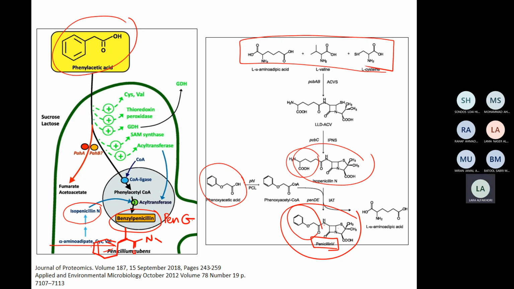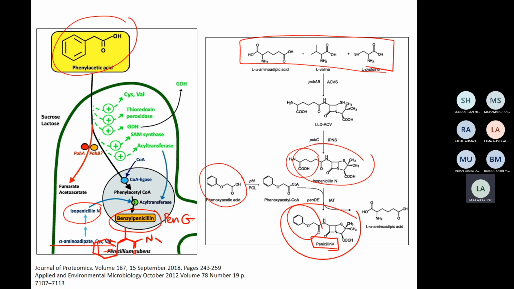And when they found out, they started changing the acetic acid derivatives that could be added to the media so that other derivatives of natural penicillins would come out. We are only going to discuss penicillin G and penicillin V, but there are penicillin N and penicillin O, and we will not talk about their structures. Okay?